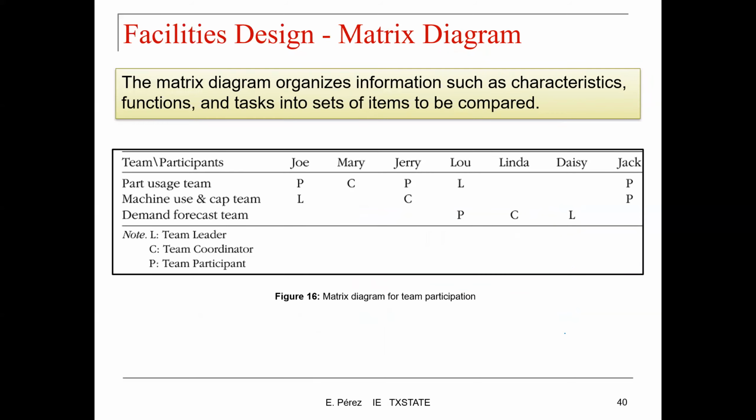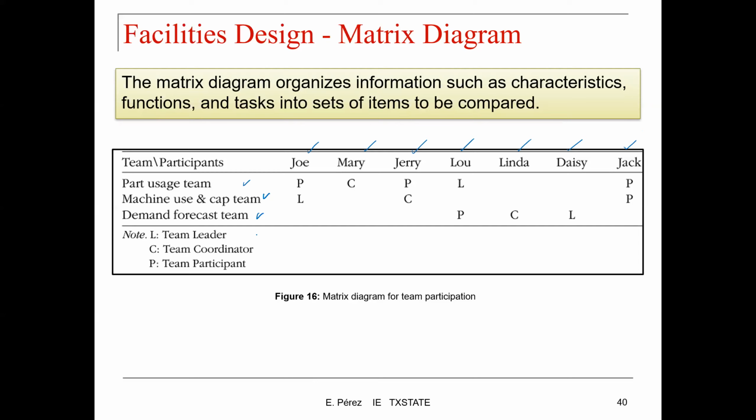The next one is called the matrix diagram, which organizes information such as characteristics, functions, and tasks into sets of items to be compared. So in this example, we have a matrix diagram for team participation. Here we have 3 teams, and people or employees have their names here.